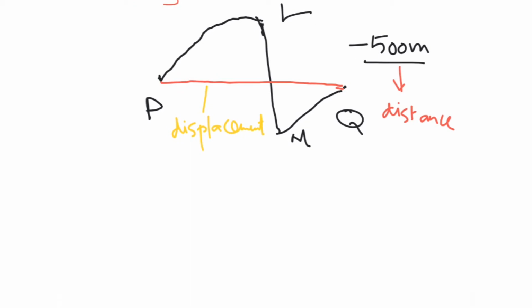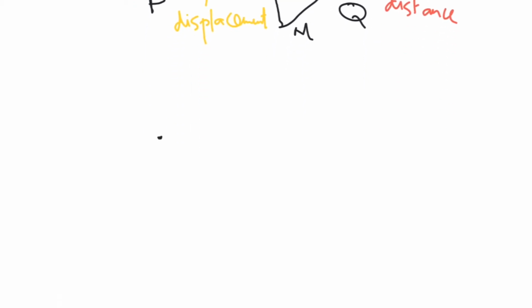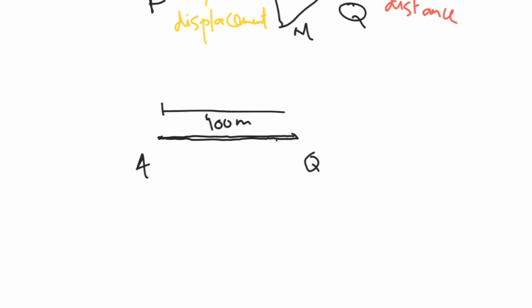Now let us look at another example. A cyclist starts from point A, goes 400 meters straight, and then comes back to where it originally started. The distance between point A and point Q is 400 meters.